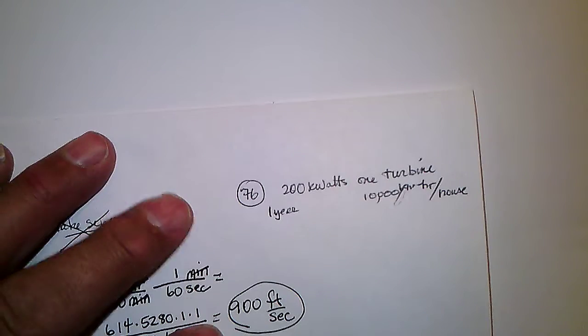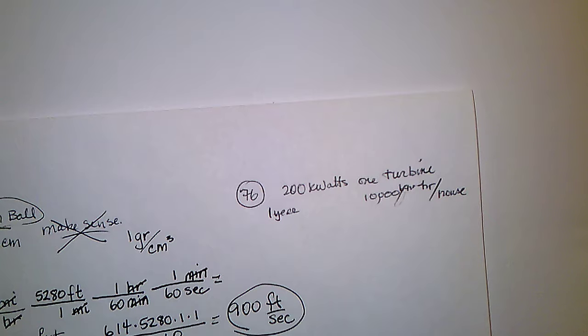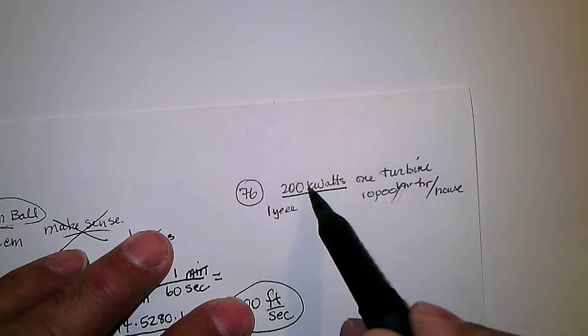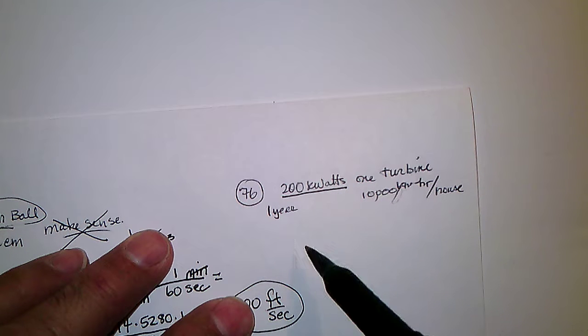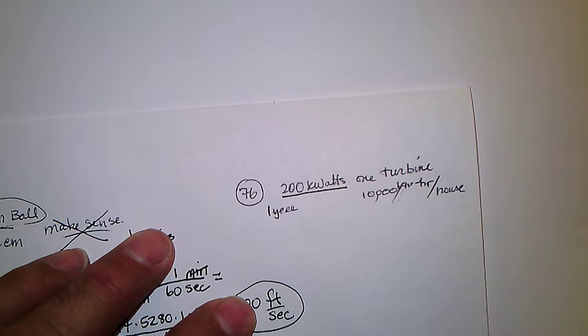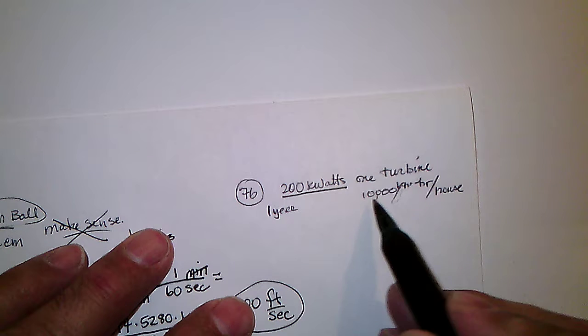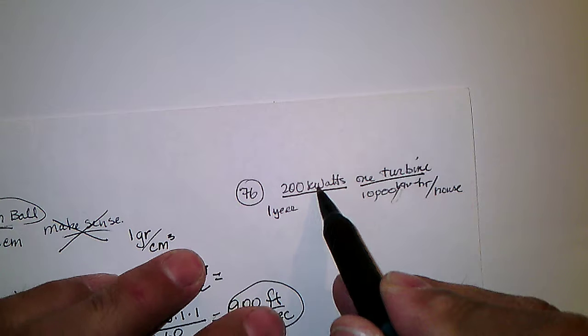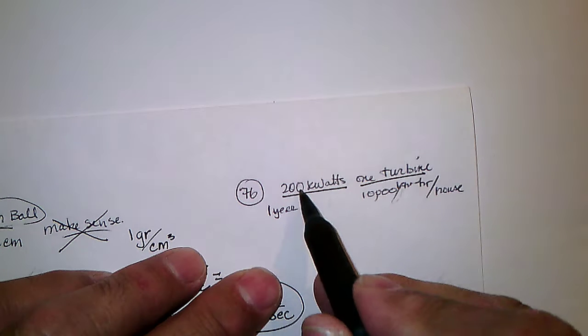Okay, now the final problem. This one said that we have a windmill producing 200 kilowatts of energy, and it's going to run for 1 year. So we want to find out how many kilowatt hours.